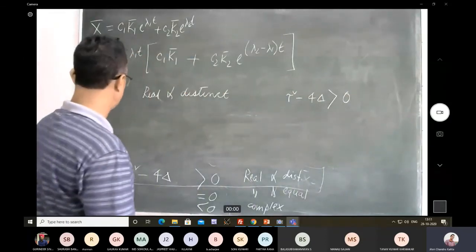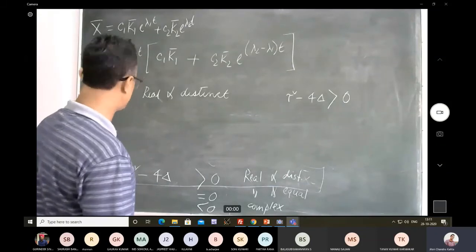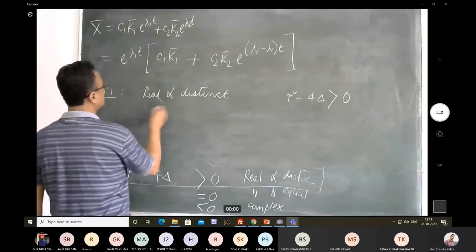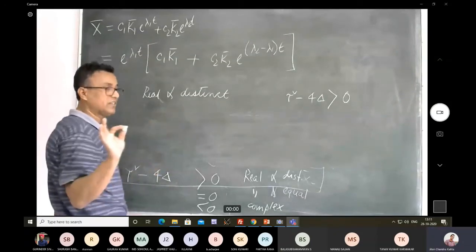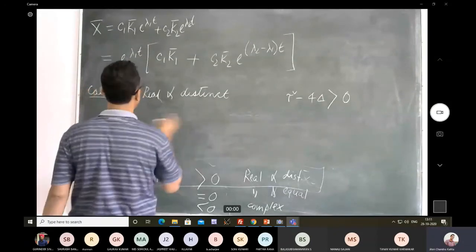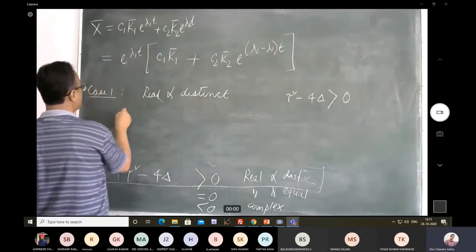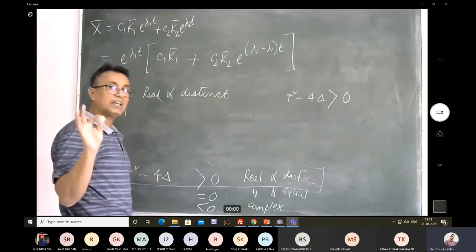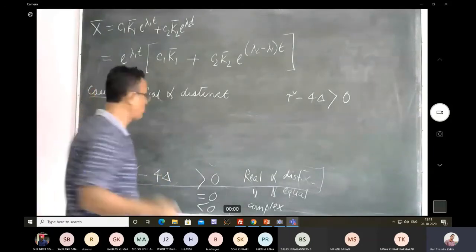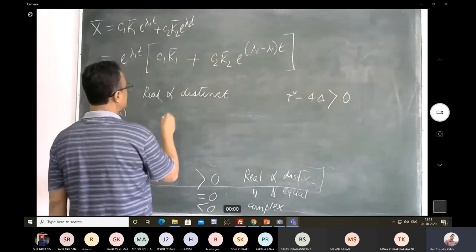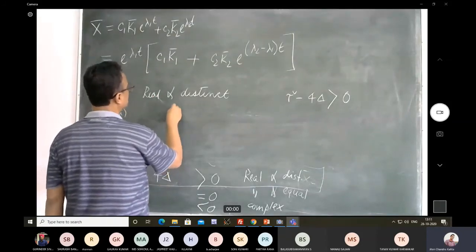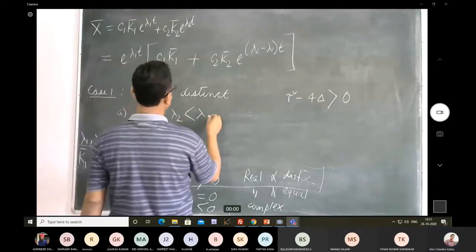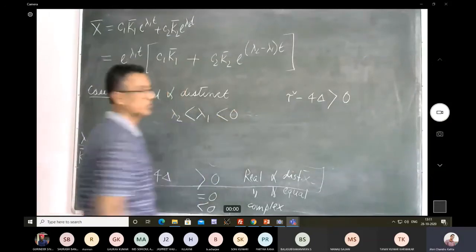And then again, let us assume that they are of same sign. So for the time being, let us assume as a subcase that both lambda 1 and lambda 2 are negative, and that it follows something like this: lambda 2 less than lambda 1, less than 0.